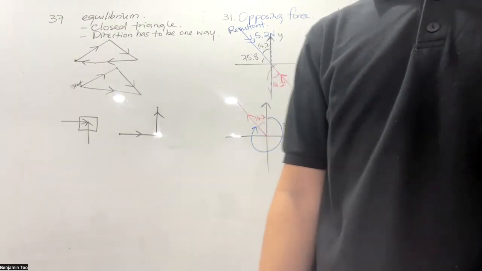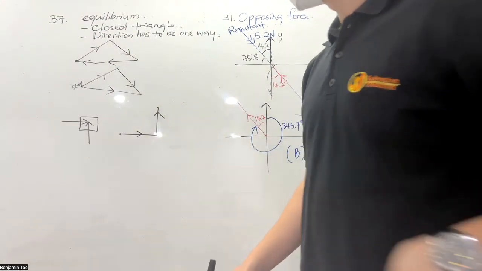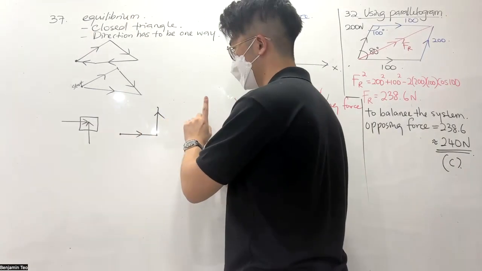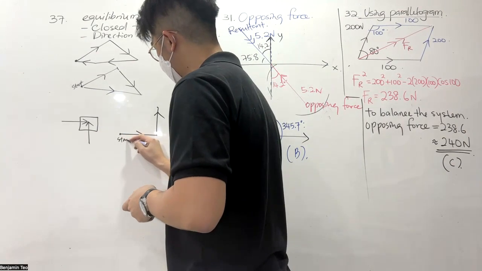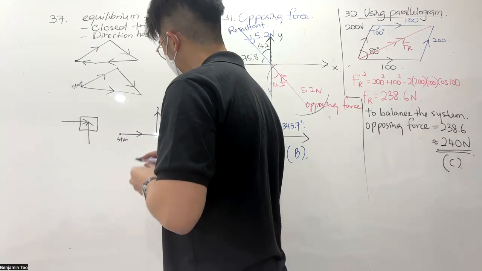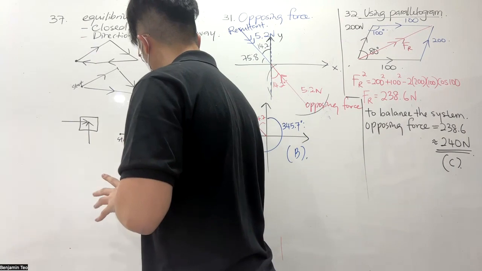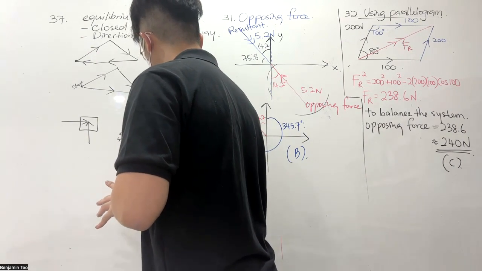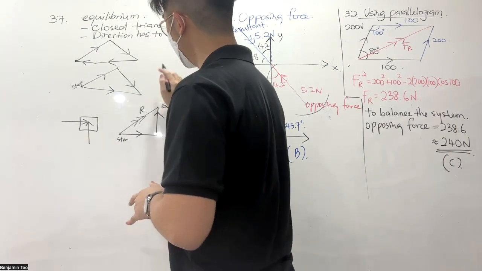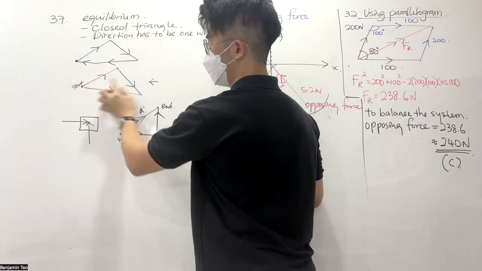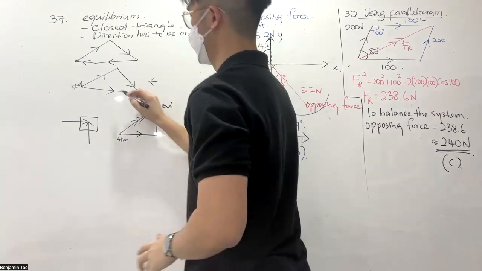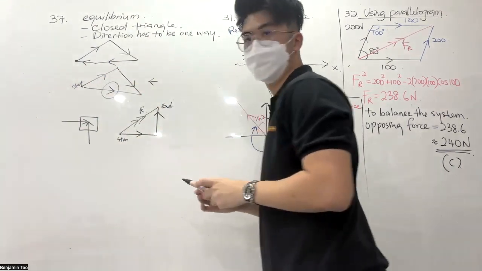So it has to be unbalanced. In this case, you will have a net force. How do you draw the net force? Once you start here and stop here, your net force is from start to end. Starting and ending. This is your net force. So in this diagram, you see there is a net force.